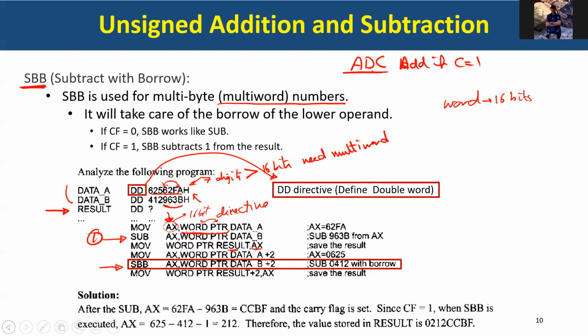And that's why we use subtract with borrow. If the borrow is 0, subtraction with borrow will be exactly like subtraction. So if the carry or the borrow was 0, subtraction with borrow will be just exactly as sub.